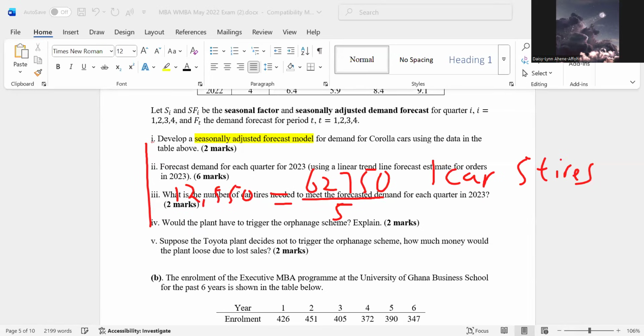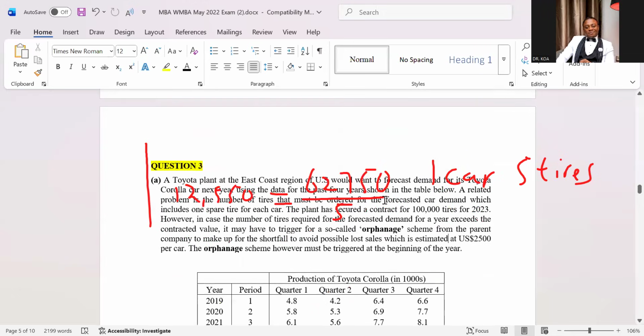We were told, from the question, that anytime you don't sell even one car, this is how much you are going to lose, in US dollars. Now we need 62,750 ties, divided by 5, to be able to sell 12,550 cars.